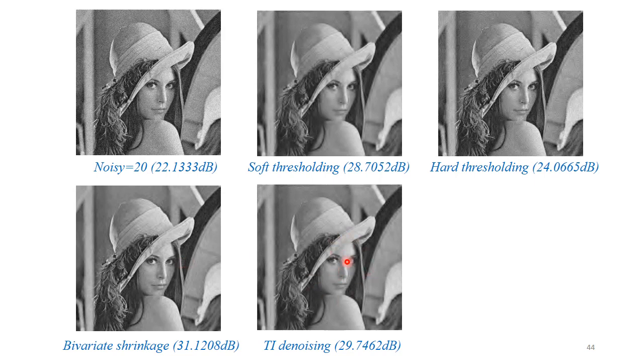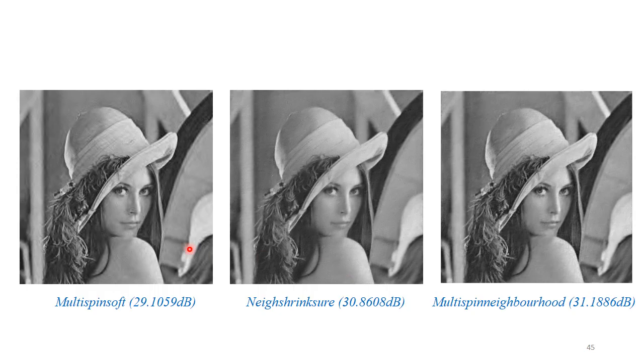Then translation invariant, again soft thresholding is being used over here, and we can compare these two, soft thresholding as well as translation invariant. In terms of PSNR it is better, and in terms of overall observation also the translation invariant method is better. Now coming to these three specific methods: NeighShrink, multispin soft, again term by term operation.